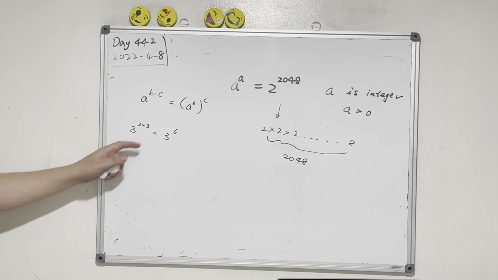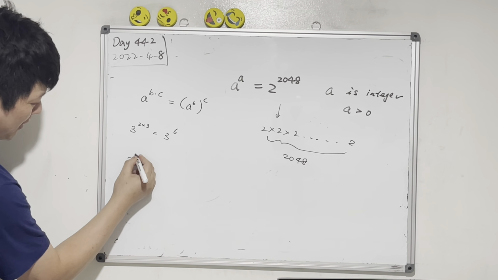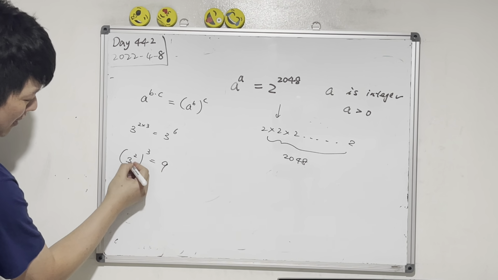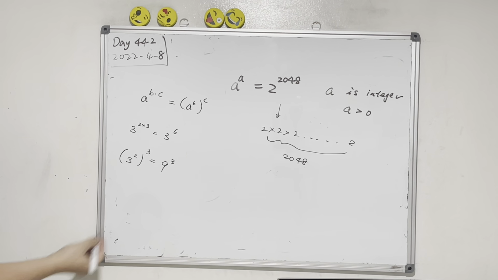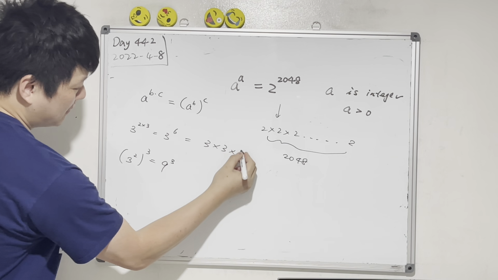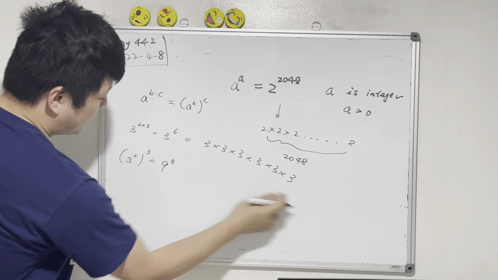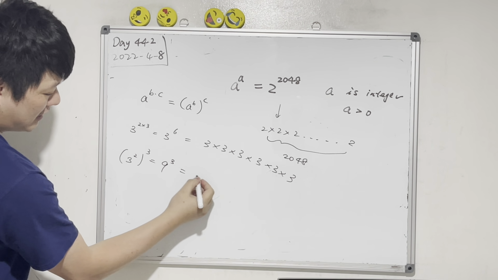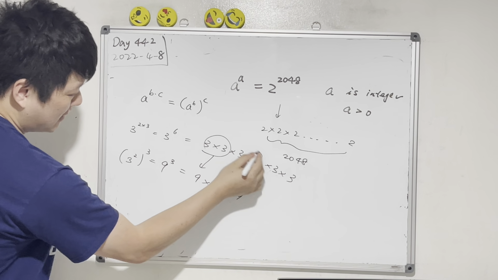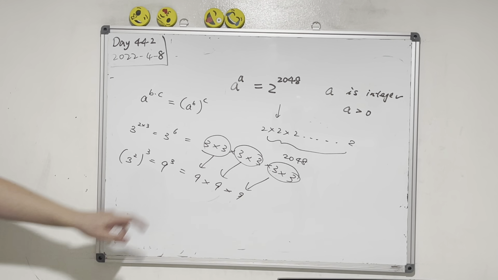It's actually equal to 3 to the power of 2, to the 3. So this equals 9 to the power of 3. Is it the same? 6 threes multiplied together: 1, 2, 3, 4, 5, 6. How many 9s? 3 nines, that's 27. Got it?